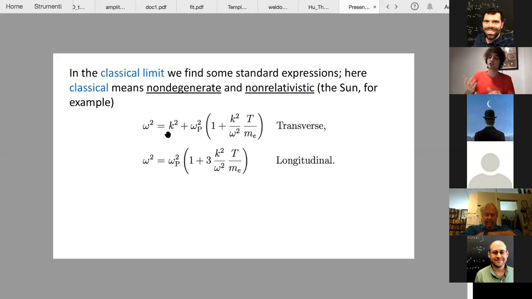What we say usually is that the photon acquires a mass, right? The photon, of course, doesn't acquire a mass because gauge invariance is still preserved, but the dispersion relation is modified. And at the lowest order, actually, this is fine. And then you have the longitudinal.